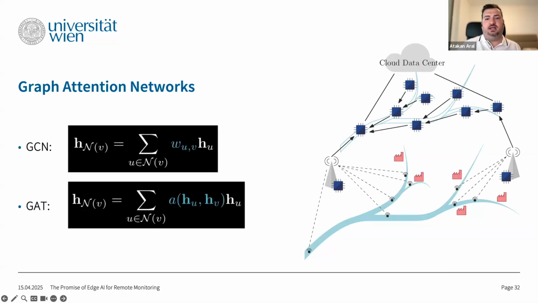And in this case, we used graph attention networks. So if you are not familiar with graph attention networks, they are similar to regular graph networks, graph convolutional networks.